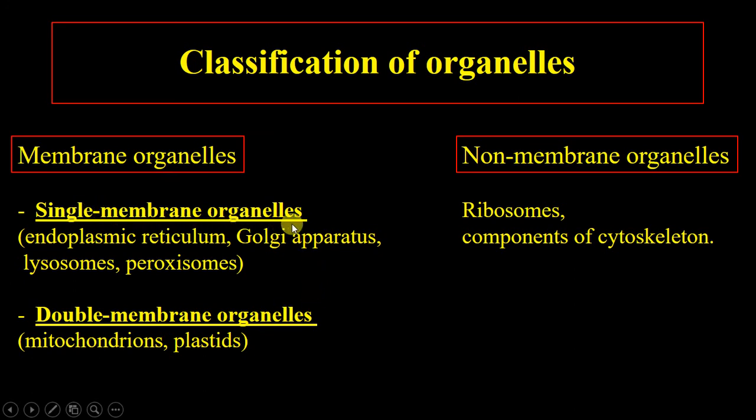Single-membrane organelles have only one membrane in the structure, for example the endoplasmic reticulum, Golgi apparatus, lysosomes, and peroxisomes. Double-membrane organelles include mitochondria and plastids. The non-membrane organelles group includes ribosomes and different components of the cytoskeleton. We will talk about some of them in detail later.